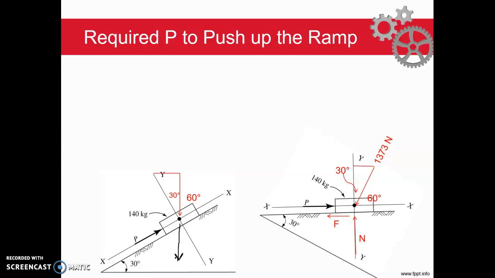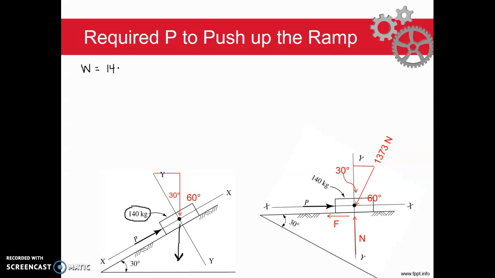So the weight of this box is going to be going straight down. Now, we weren't given the weight, we were given the mass. So I have to, again, remind you that only when we're given a mass of 140 kilograms do we need to find the weight by multiplying it by gravity.